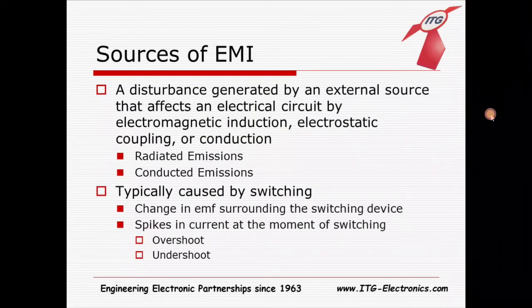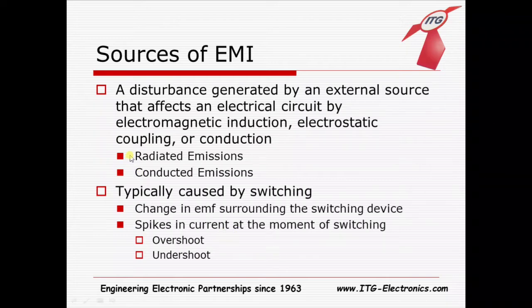So to understand the sources of EMI, we're first going to take a look at what EMI is. Electromagnetic interference, you can break down those three words to get a basic understanding of it, but it's any electrical or magnetic field or signal that is interfering with another circuit or application or product.